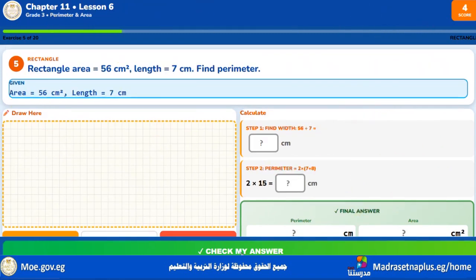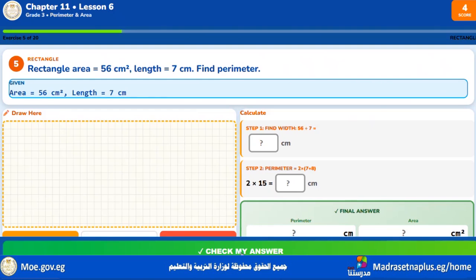Yes, we are still with lesson 6 in chapter 11, area and perimeter of square and rectangle. A rectangle's area equals 56 square centimeters and its length is 7 centimeters. Can you get its perimeter? The area of a rectangle is length times width.